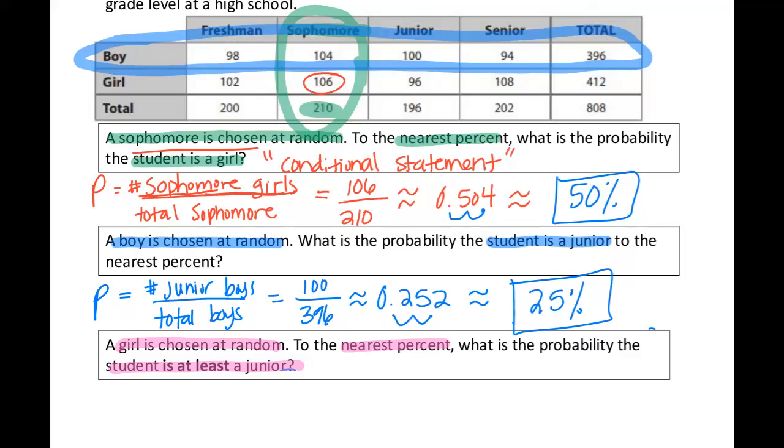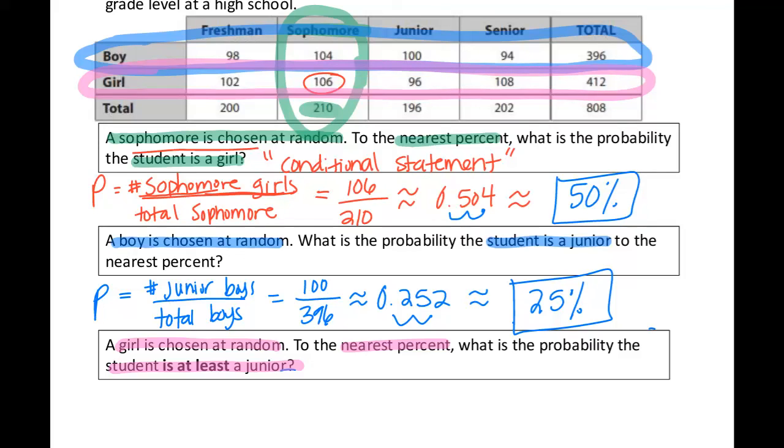The minimum is being a junior. So it could either be a junior or a senior. Junior or higher, right? And then what group of students are we focused on in this example? We're focusing on the girls, right? A girl is chosen at random. So this time I'm looking at the girl population.